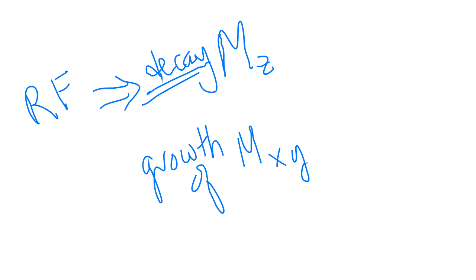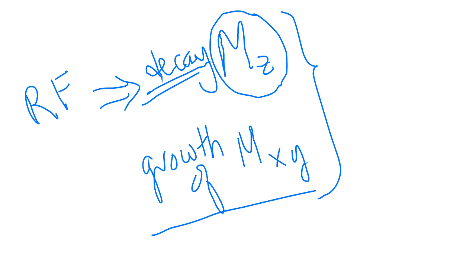So the magnetization along Z will become smaller, and MXY will become bigger and bigger. At some later time, this will flip back. That means this will decay and this will grow. I think this is confusing, and I'll stop here.